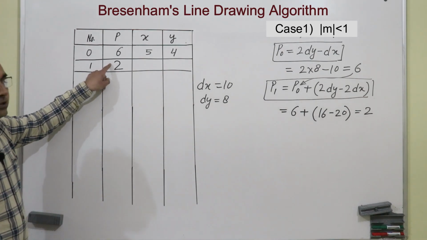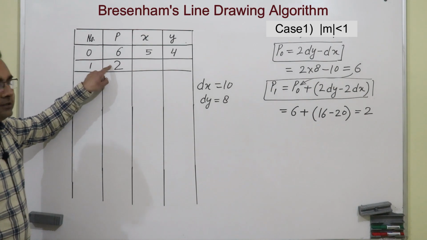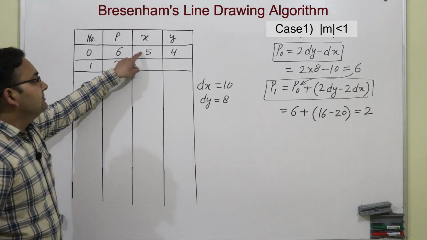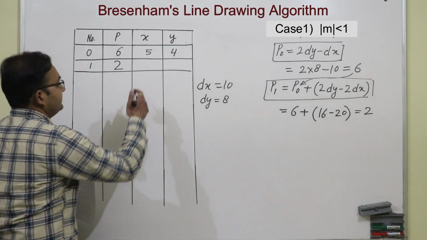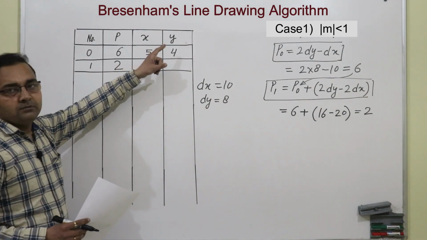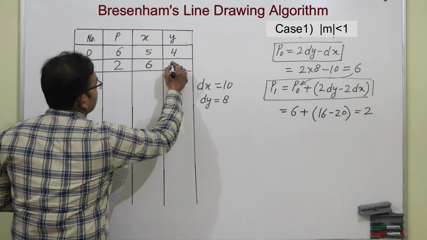So the P1 value is positive. If it is positive or negative, there will be an increment in x. It is 5, so there will be an increment of 1 in x. It will be 6. It is positive, so there will be an increment of 1 in y. So it will be 5.